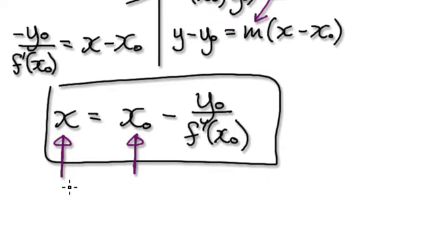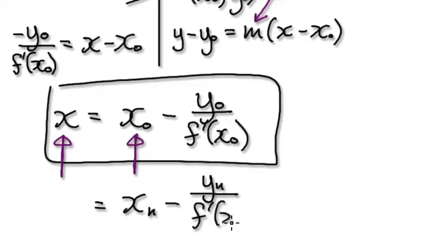So you can then say: start out with your guess xn, and then do yn over f prime of xn, and this will give you your next guess, x n plus 1.